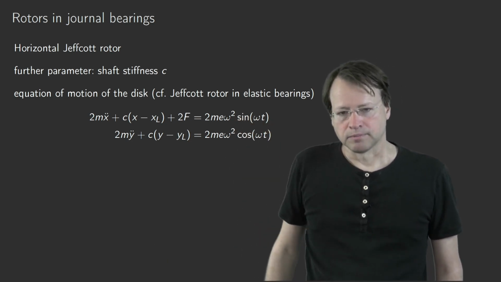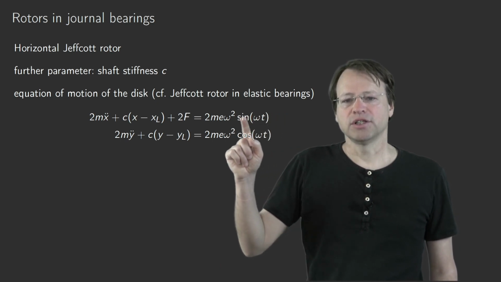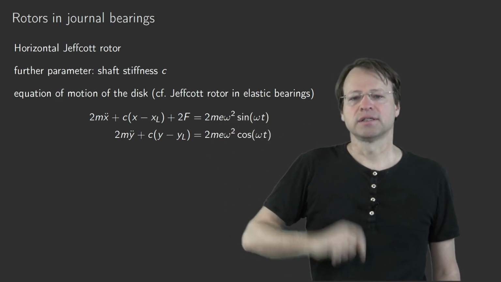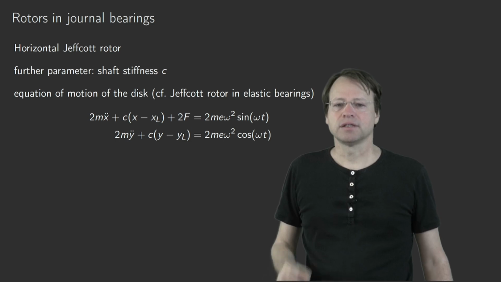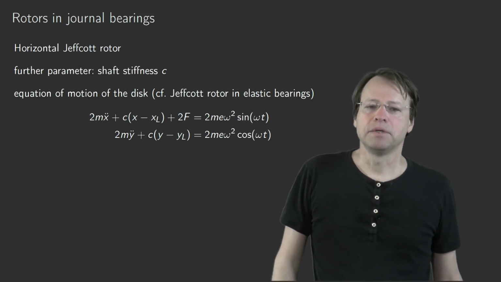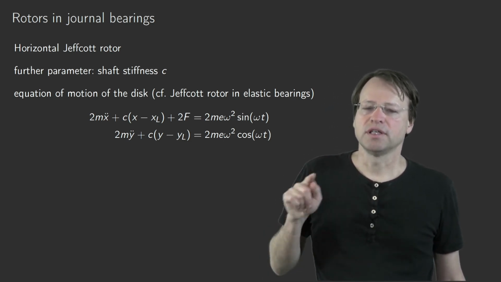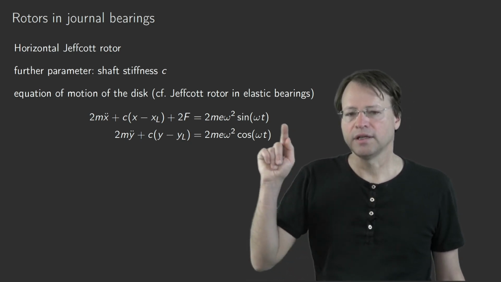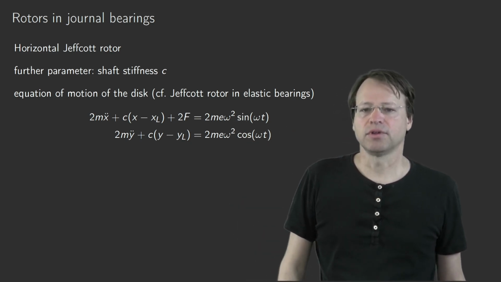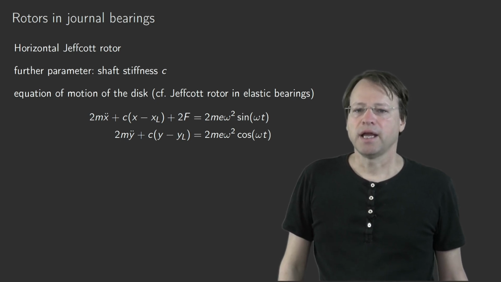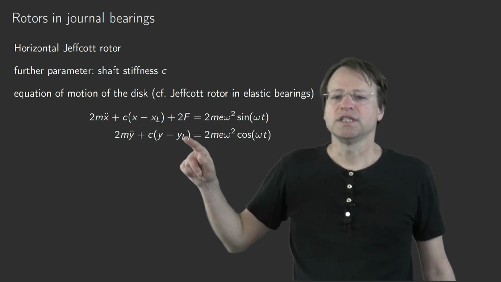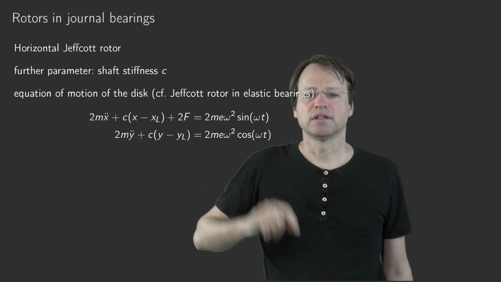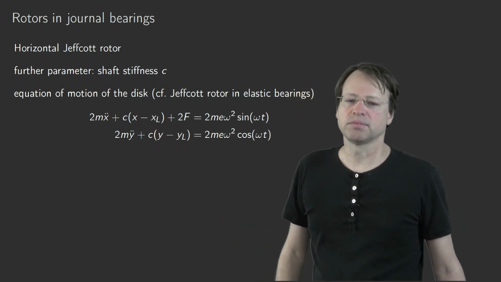Once again, what you find here is E, the distance between the center of gravity and the center of the shaft, but it is not the radial displacement for the equilibrium position. And you can see that I had to modify the stiffness part.